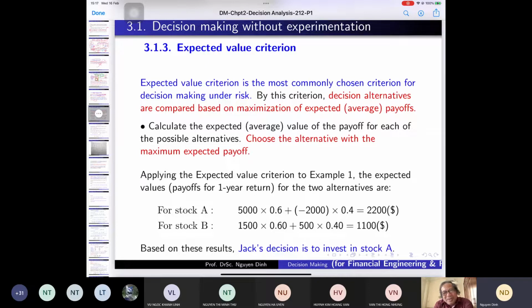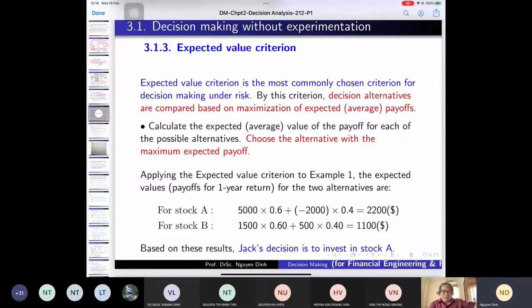But here, for people who like the theory of probability, there is the expected value criterion. I don't know which one is right, so I don't base it on my belief or something. I base it on mathematics, mathematics as a tool.